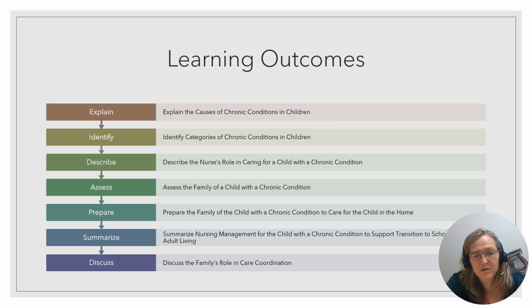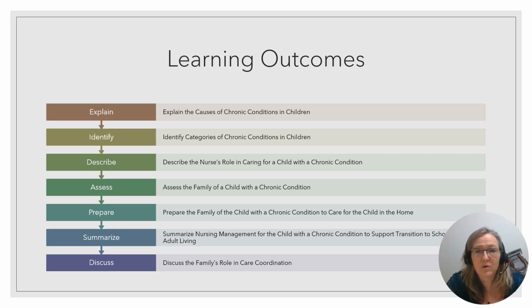Also summarize the nursing management for the child with chronic illnesses, as far as getting them transitioned to adulthood, or possibly getting them into school, coordinating home and school medication, interventions and care that might need to happen in a specialized school setting.